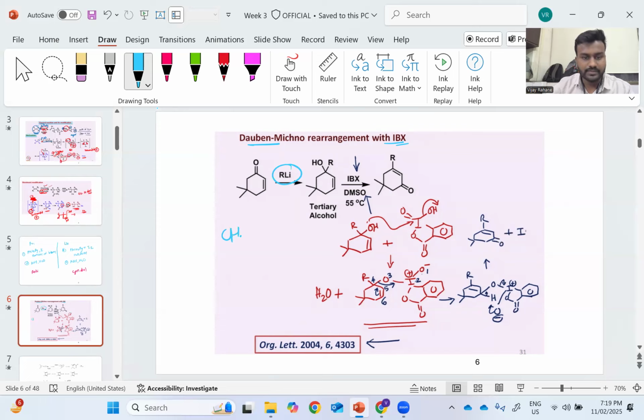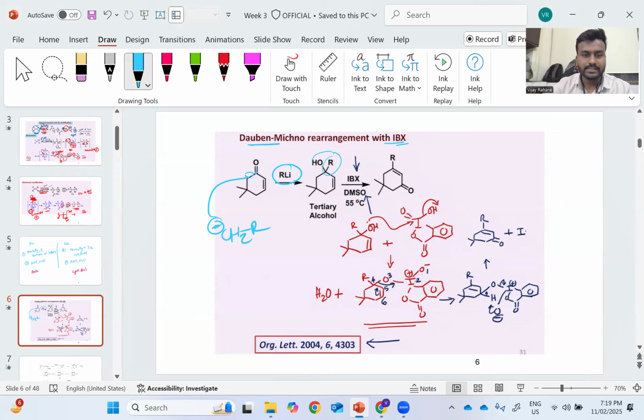It is CH2 minus, so it is definitely hard. There will be reaction of the hard as well as the soft center, as we already know, right? The hard center here is the carbonyl center, so it attacks directly on this one, and we get the alcohol in this manner, which is the 1,2 addition, right?